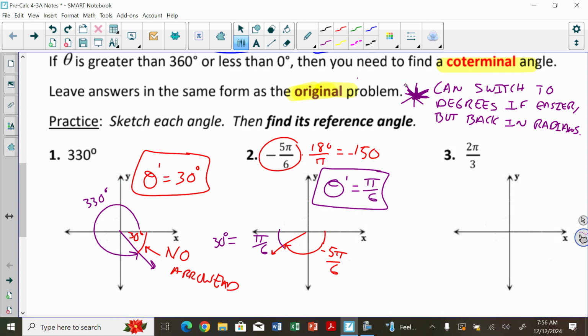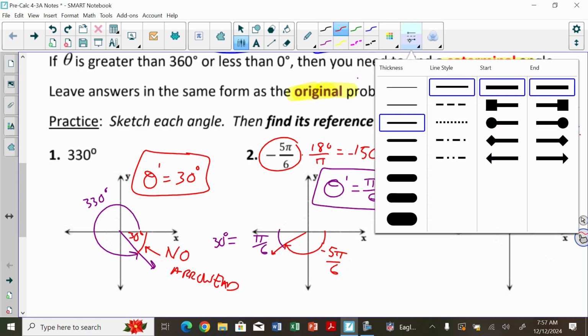All right, here's another one. So I could do that again. I could say 180 over pi equals 120 degrees. So my 120 degree angle, this would be 90, and then 120 would be right up here. So that would be 120, put the arrowhead there, 120 for theta. And then that tells me that I could do this as well. I could say, well, what does this have to be from the x-axis up?